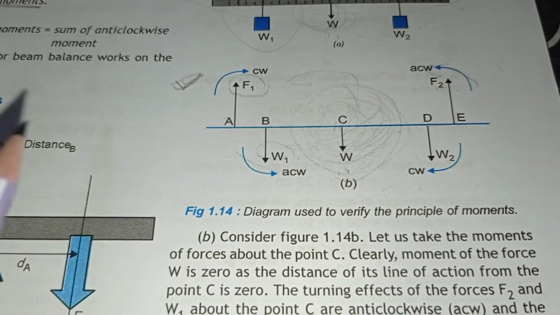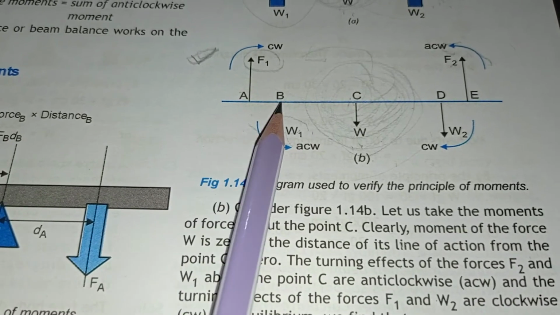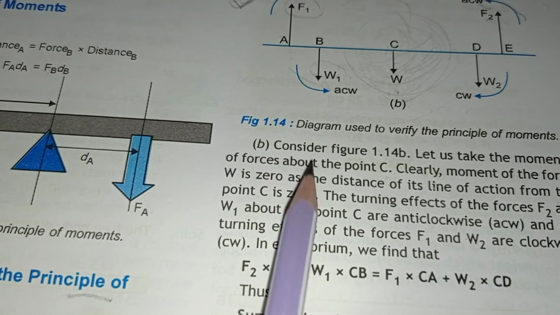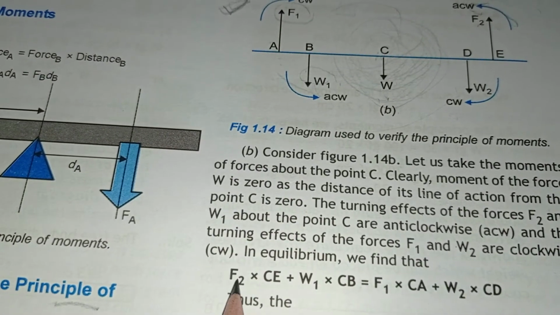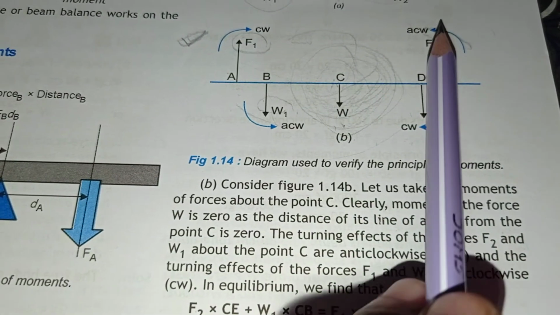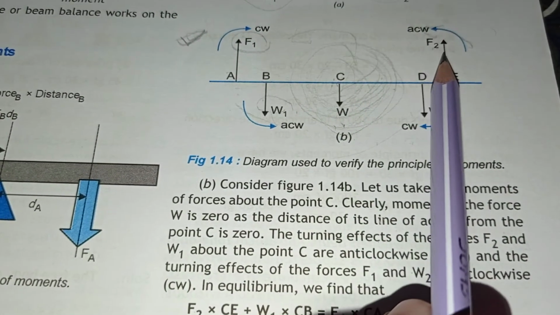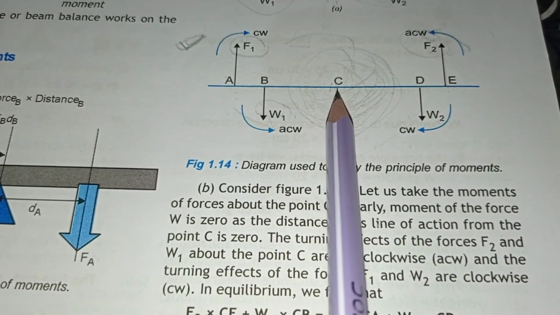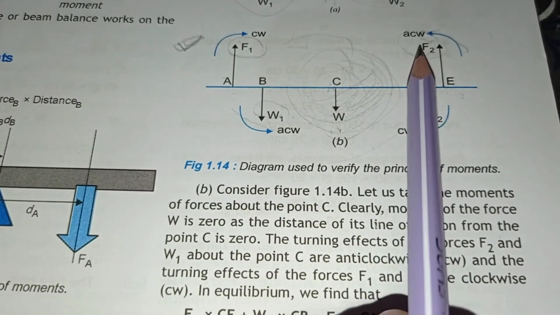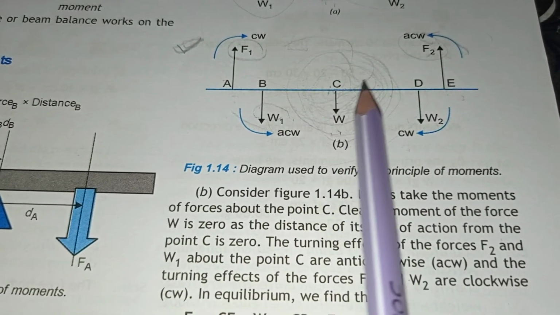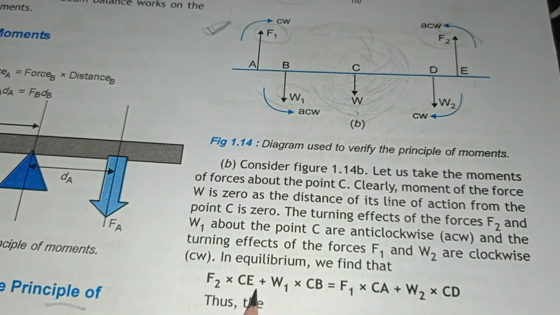Now it can be seen that the moment of force F2. What will be the moment of force F2? A moment can be calculated by multiplying that force with its perpendicular distance from the center of gravity. What is the perpendicular distance? For F2 the perpendicular distance is CE.